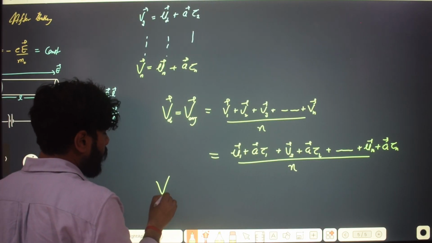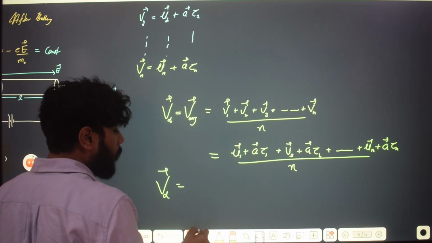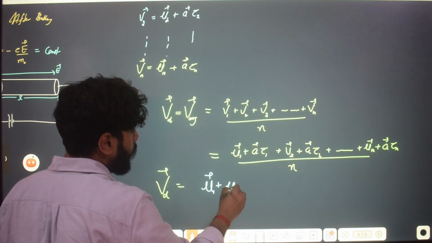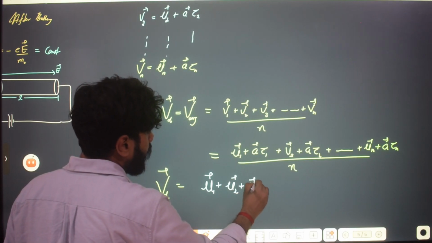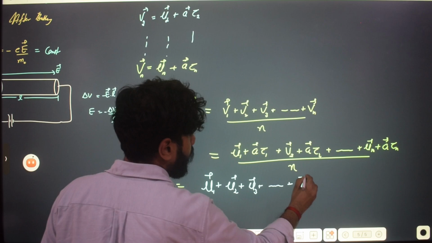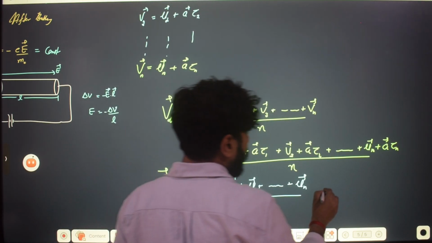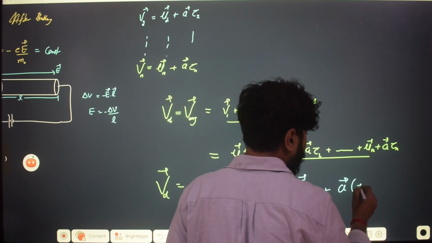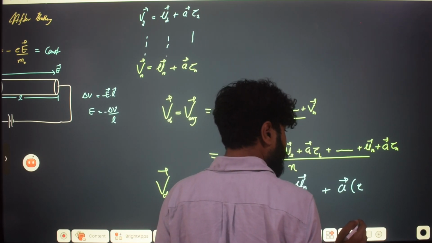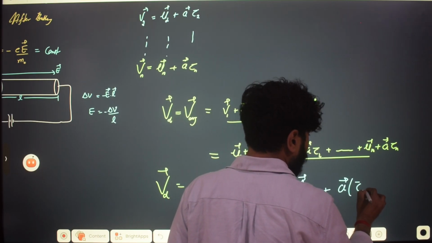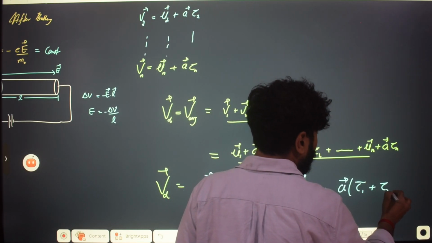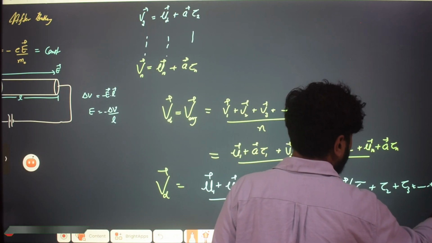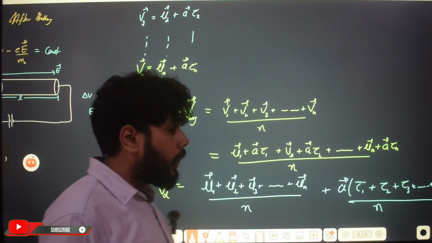Now we can write it in a more systematic order: u1 vector plus u2 vector plus u3 vector up to un, over n, and here we can take a common, because the acceleration of each electron is going to be the same, times tau1 plus tau2 plus tau3 up to tau n, over n.